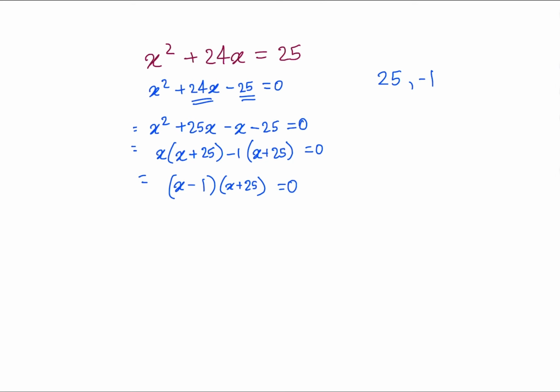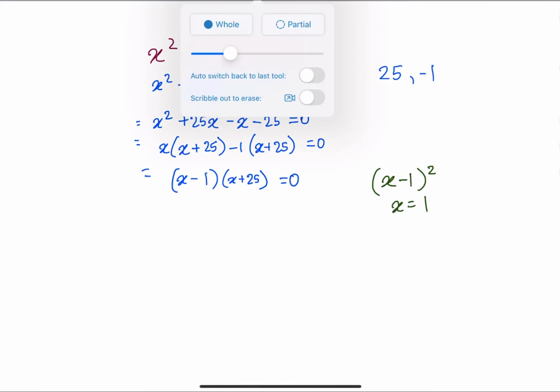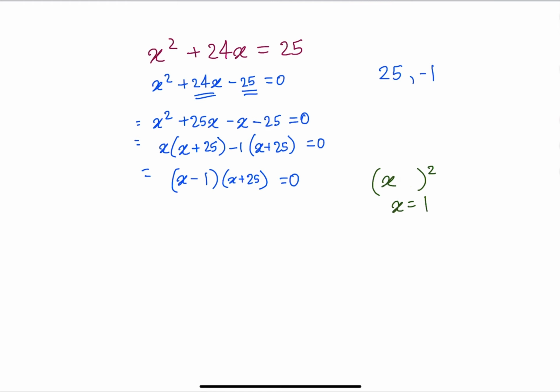Now look at how we didn't end up with an expression squared, because in the previous question we got x plus 1 squared, so x must be -1.